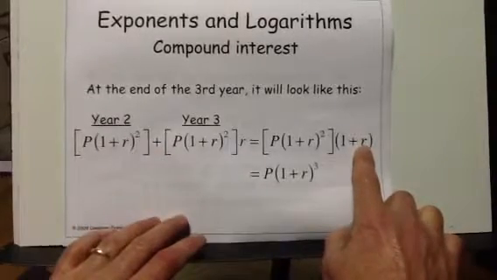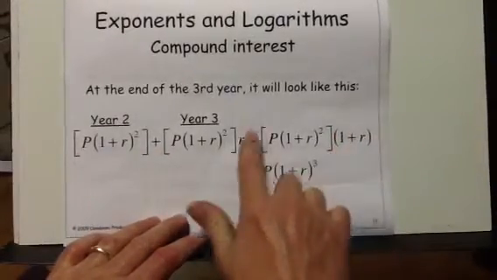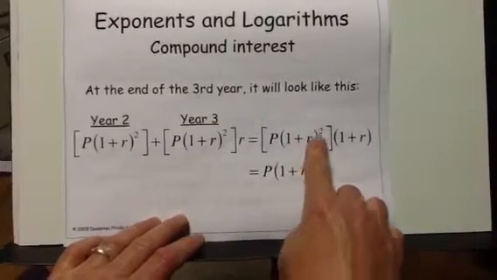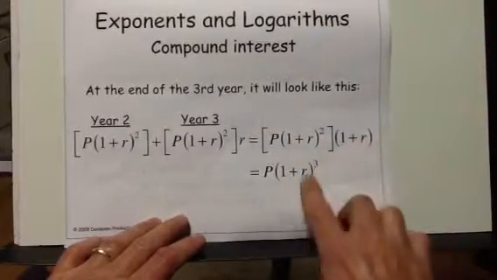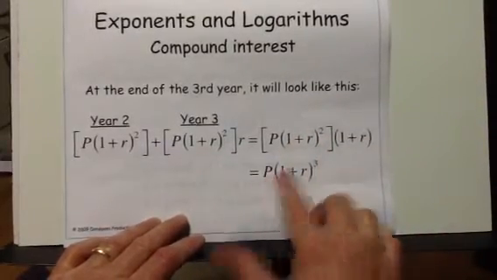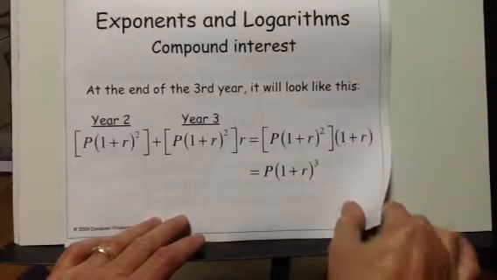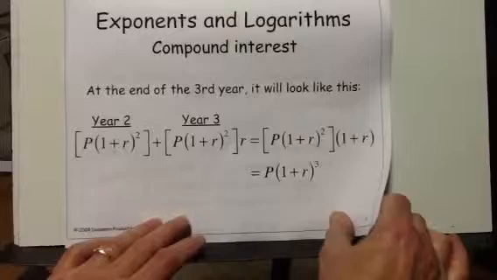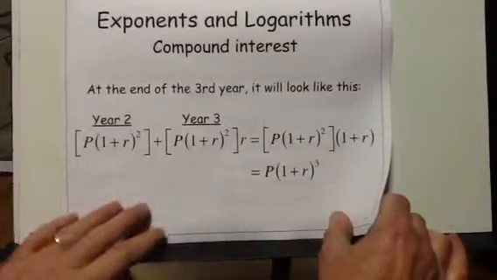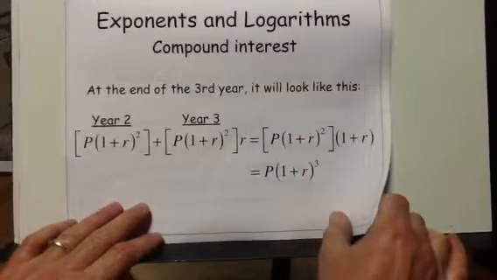Now again, notice that I can drop the brackets. I have 1 plus R 2 times here and 1 time here, so that's 1 plus R raised to the 3rd power times P. Do you see that as many years as we want to do this, the only part that will change will be that exponent right there.